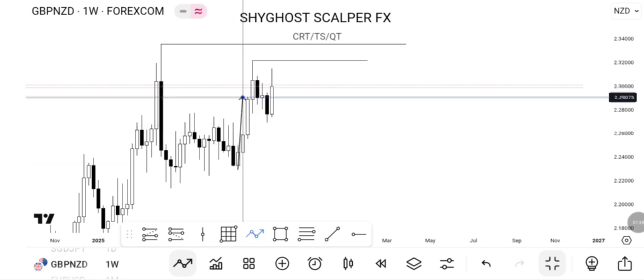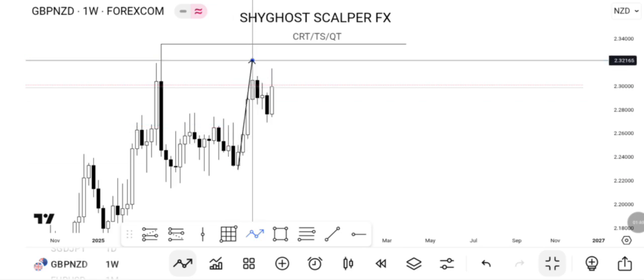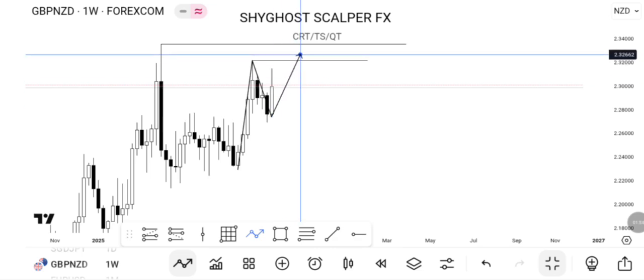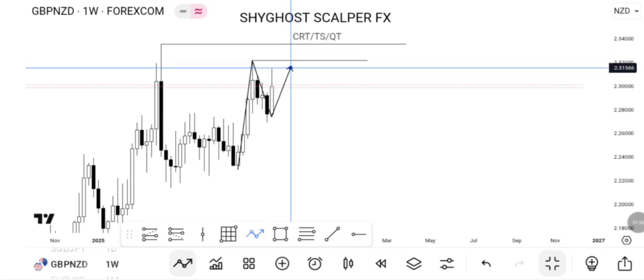So after an expansion, what can we get? We can get a ranging profile or a retracement profile. In this instance, it gave us a retracement profile. After retracement, what can we expect? Expansion profile towards our draw on liquidity, right?